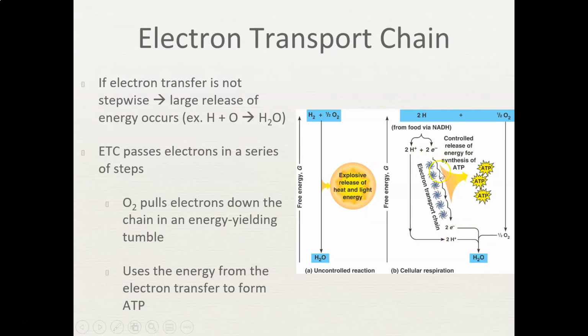We're going to throw these electrons and these hydrogens through this electron transport chain. We'll ultimately still end up with those electrons and hydrogens at the end of the chain, but because I've controlled the release of the energy through a series of chemical reactions, I'm capable of actually storing it in that ATP molecule. But I still need somewhere for those electrons and those hydrogens to go at the end. So we're going to ultimately attach them to oxygen to create water as a final byproduct of this.